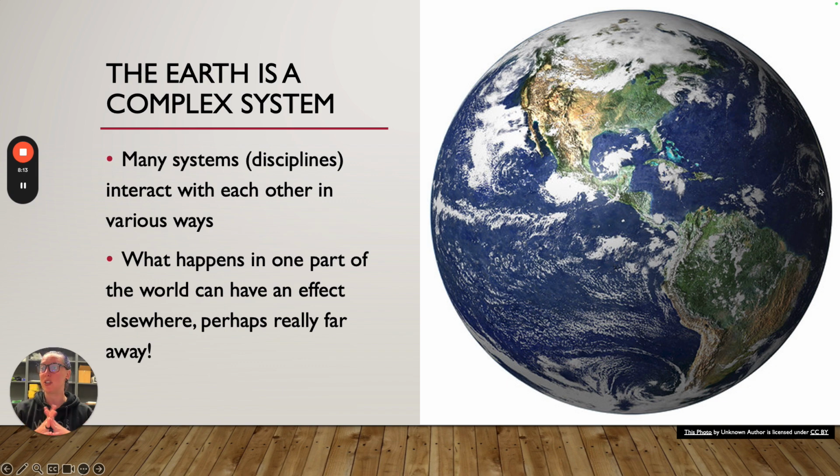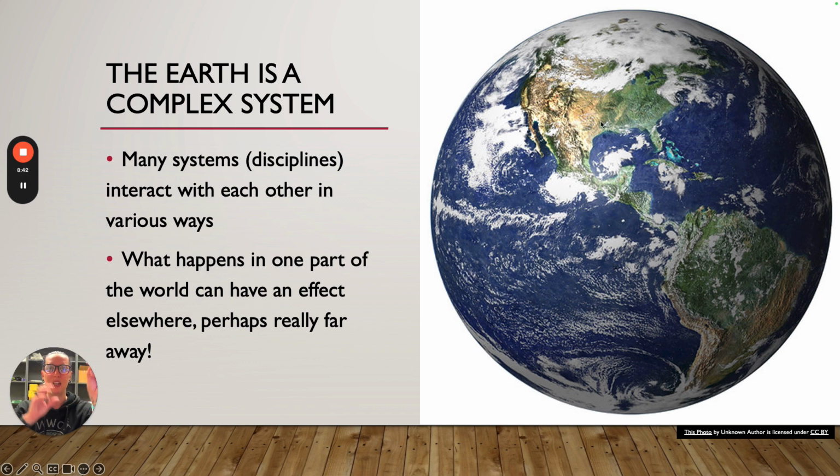And I also want to mention here that the Earth is a very complex system. So trying to go into how we talk about environmental science in that interdisciplinary way, our planet is also interdisciplinary, right? There are many different systems around our planet that interact with each other in various ways, like the ocean or the hydrosphere, with the lithosphere, which is all the rocks, with the anthrosphere, which is all the humans, and the biosphere, which is everything living, right?